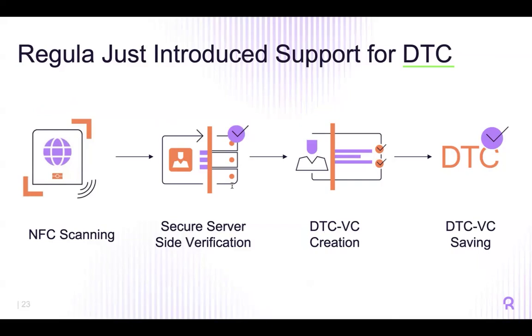In particular, the updated Regula Document Reader SDK can read the document's RFID chip with a smartphone, verify it and create a DTC VC, then recognize, read, and verify the DTC VC with a smartphone, passport reader, or via server retrieval. Read the DTC PC with a smartphone or passport reader, parse its data, and verify it.